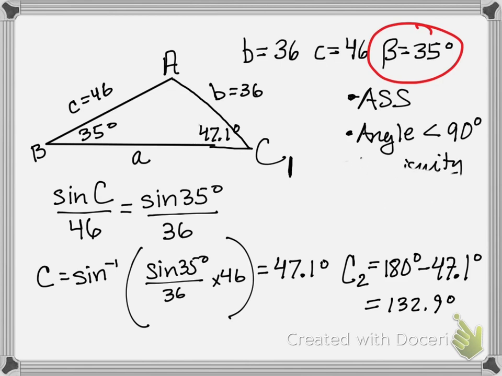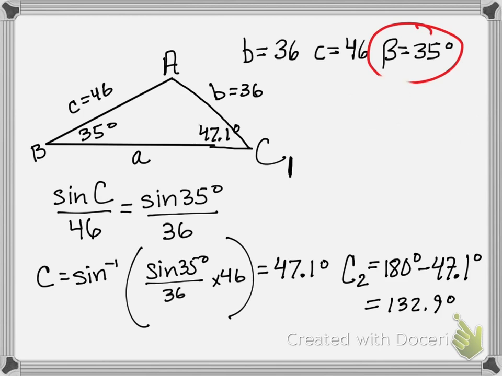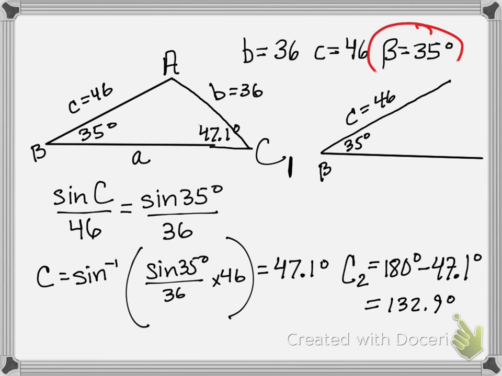So watch what I'm going to do up here. I'm going to erase this information now, and draw myself another triangle. This other triangle is also going to have B at 35 degrees. It's going to have C at 46. And then it's going to have this angle C coming in here at 132. So think about where you would draw that. Can you see where I would draw that?